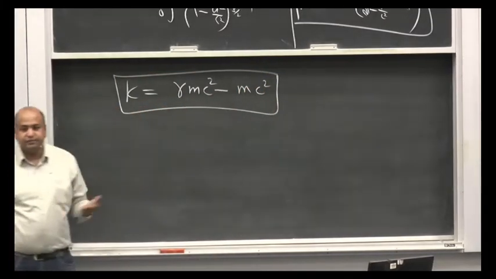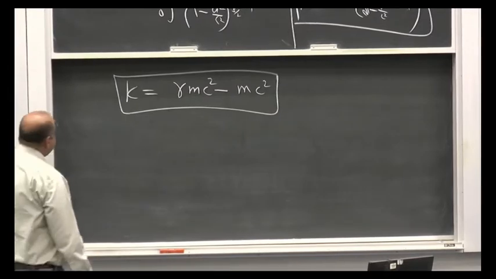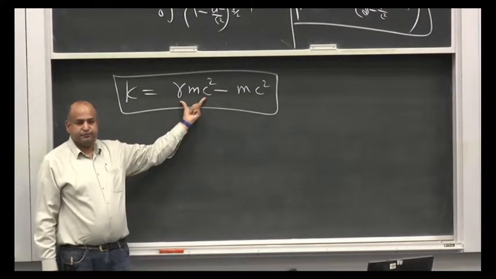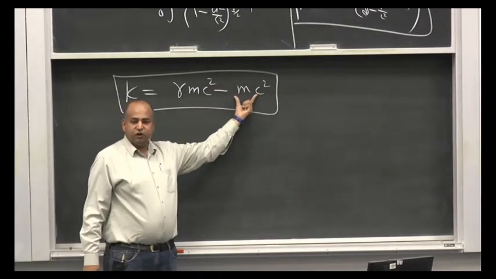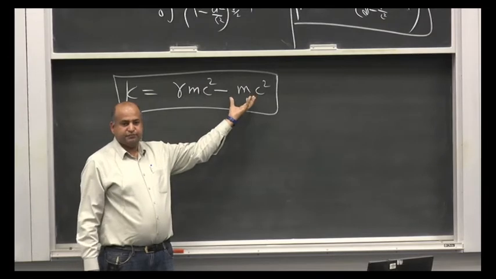So when Einstein reached this equation, he and subsequently other people also reasoned that there is this term which is velocity dependent and there is this term which is velocity independent, and both have dimensions of energy.